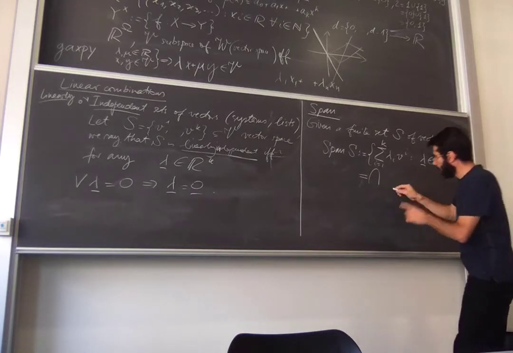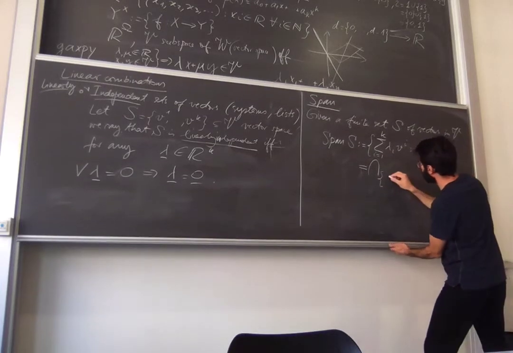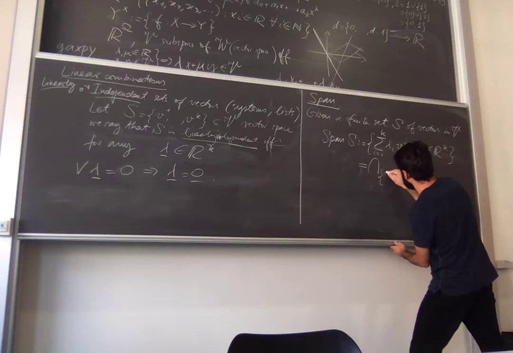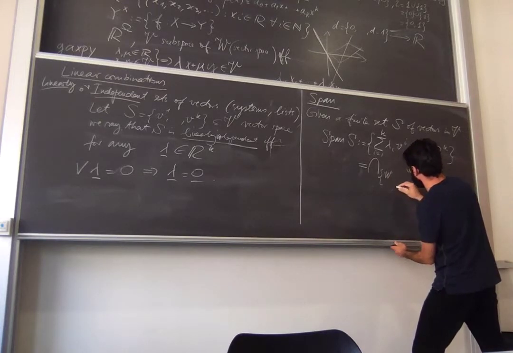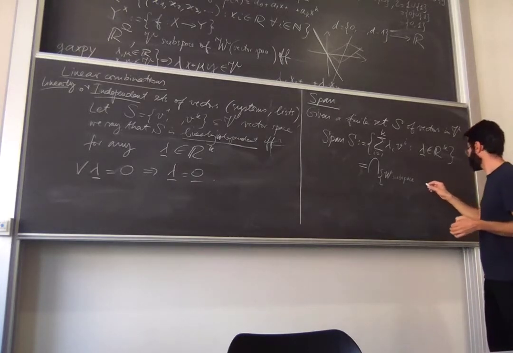So we're taking the intersection of the following family. We take all the subspaces of V. So when I say subspace, I mean linear subspace, the ones that contain the 0.